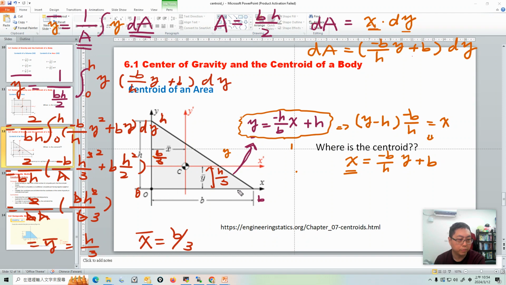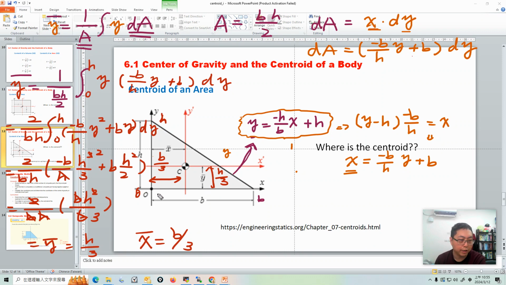X bar is here, y bar is here, h over 3. This is a very important conclusion. I think you should memorize it because this will be used a lot. I don't think you need to prove this every time.